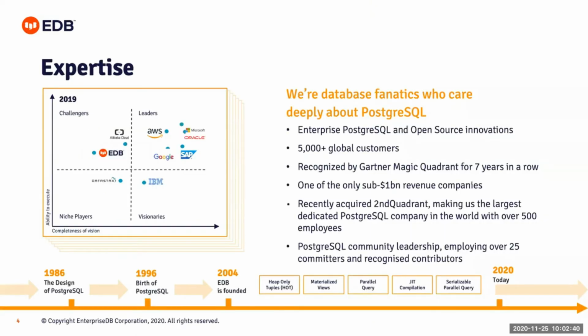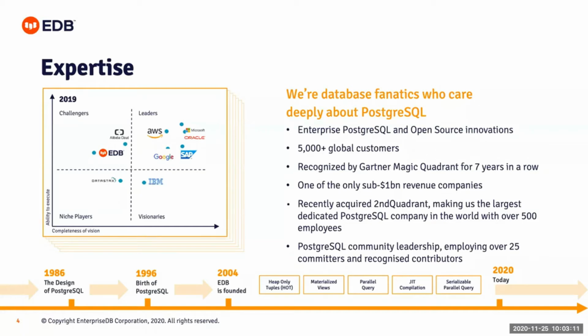So EDB was founded in 2004. Today we have more than 500 employees and more than 5,000 customers. 25% of those are Fortune 500 companies. The company is headquartered in Bedford, Massachusetts, with offices spread around the globe. What we do is all about Postgres.